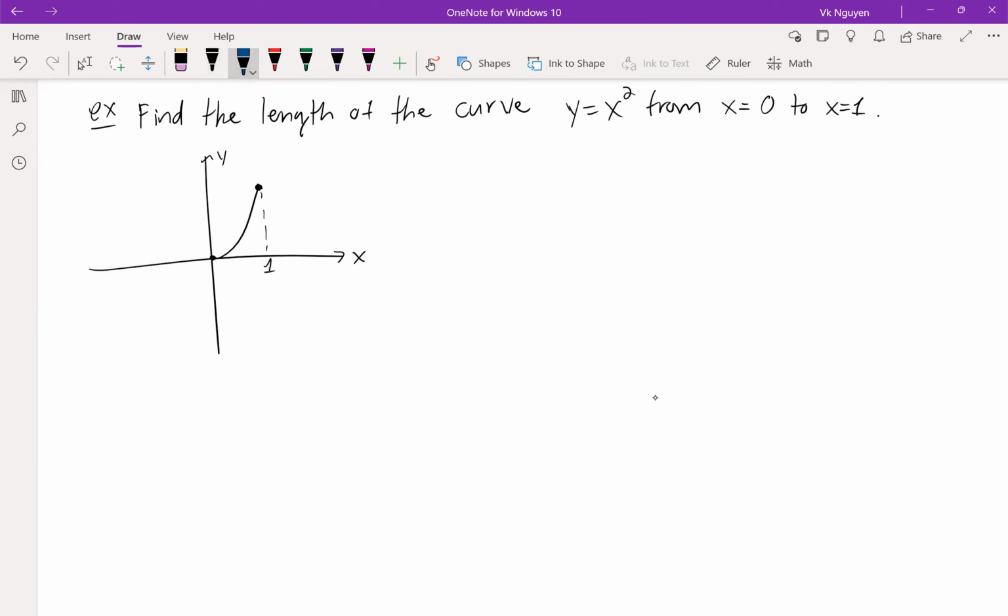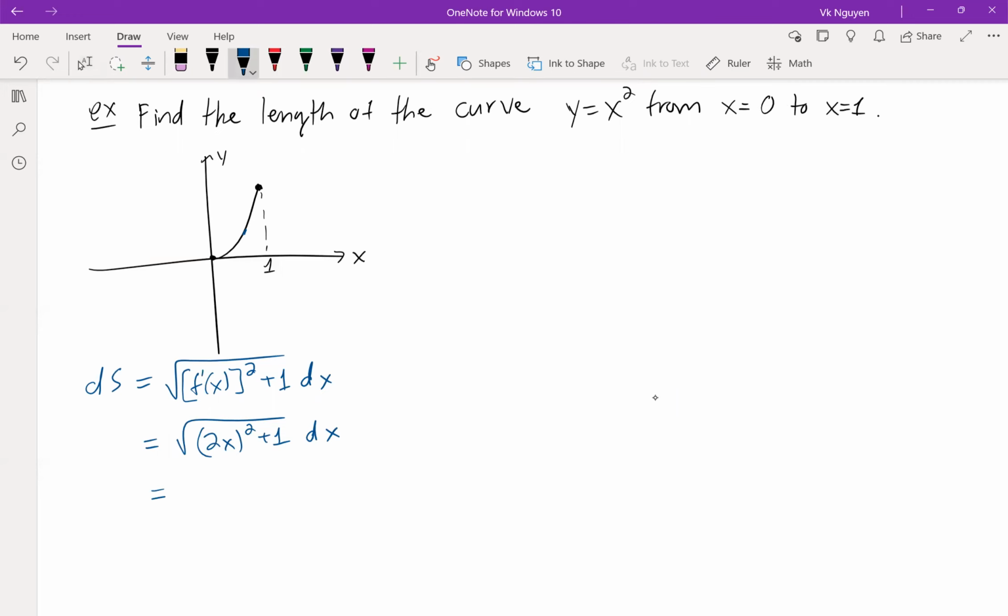Same thing. We're going to take a look at a sample. ds is root of f prime x squared plus 1 dx. And this would be root of 2x squared plus 1 dx.